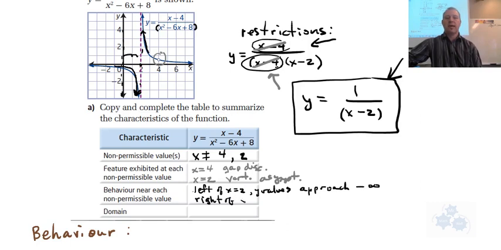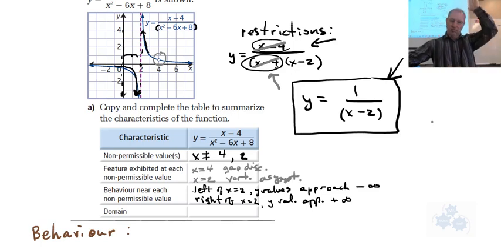Right of x equals 2, y values approach positive infinity. And positive infinity is just like the numbers get super, super high, approaching the highest number we can imagine.